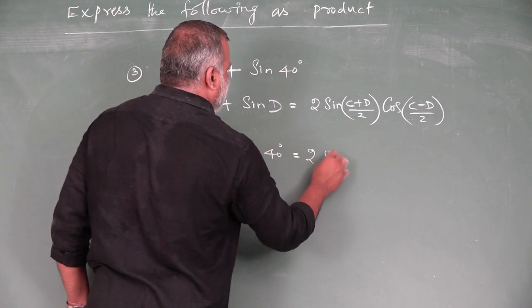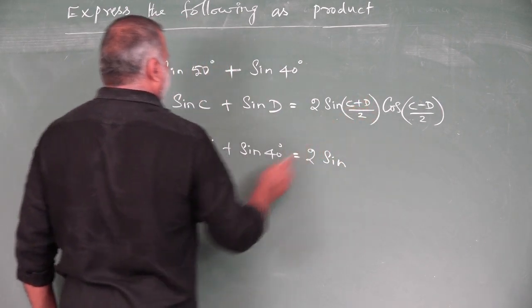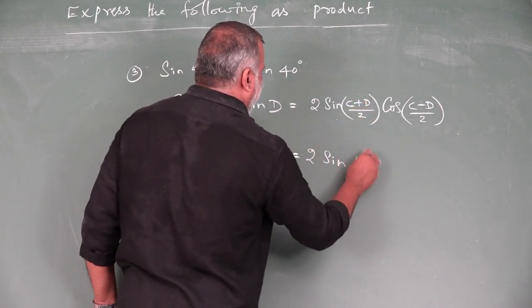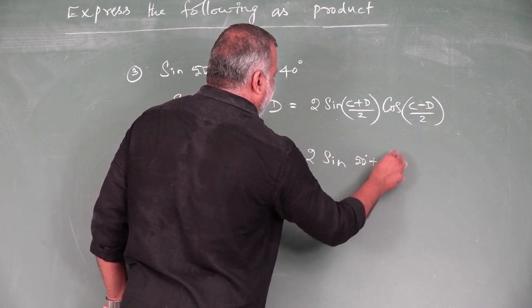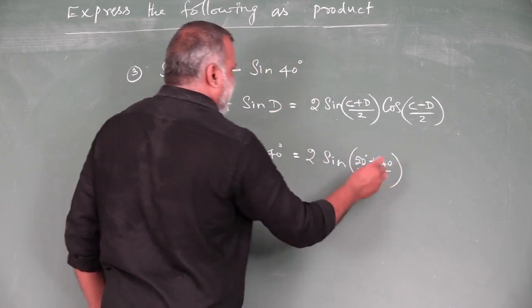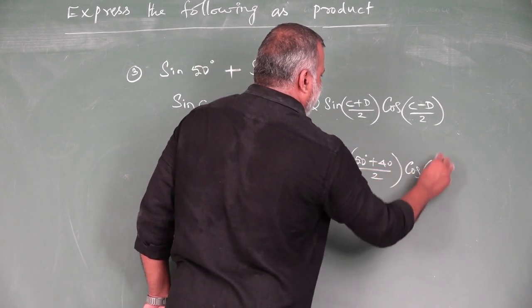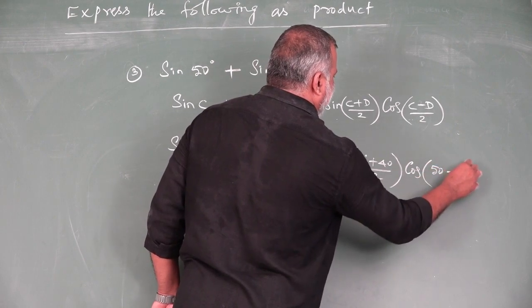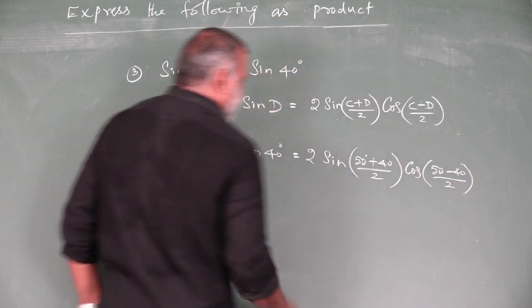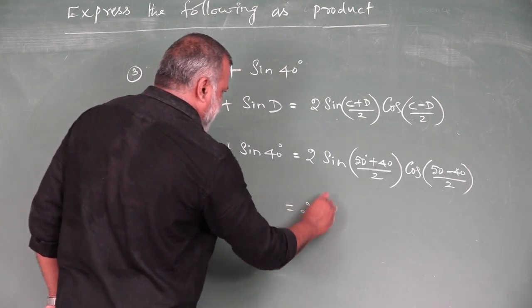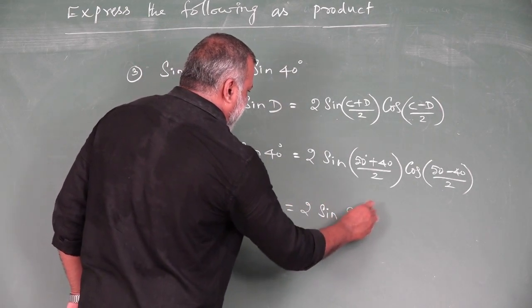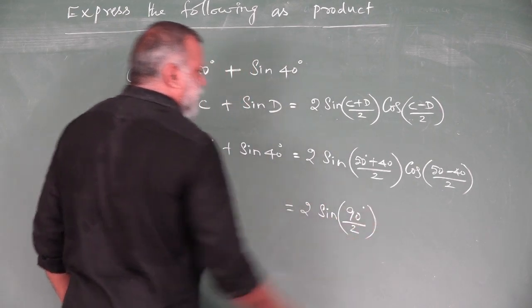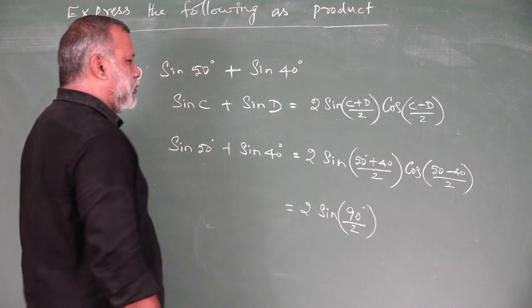Then we work out 2 sin((50 plus 40) divided by 2) cos((50 minus 40) divided by 2). Simplifying, we get 2 sin(90 divided by 2) and cos(10 divided by 2).